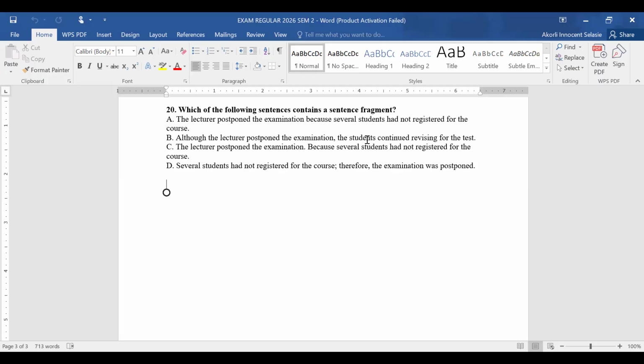D. Several students had not registered for the course, therefore the examination was postponed. So which of them contains a sentence fragment? C, for cat. If you look at it carefully, there is a break, and that break breaks the continuity of the thought. So C is the answer.